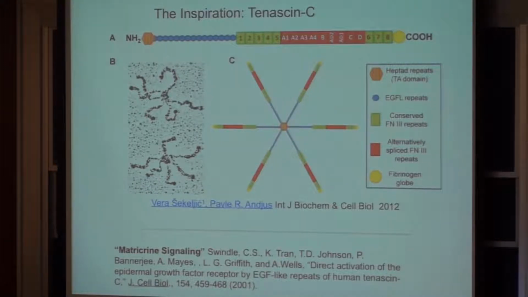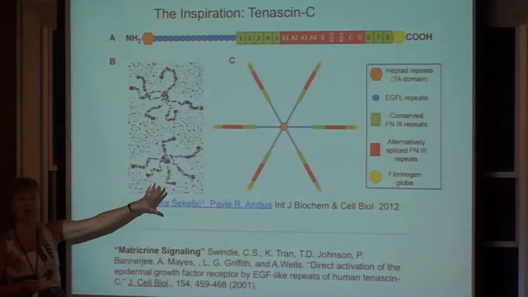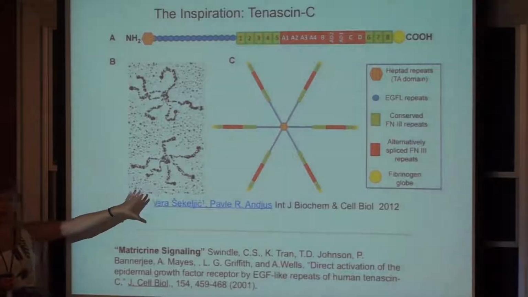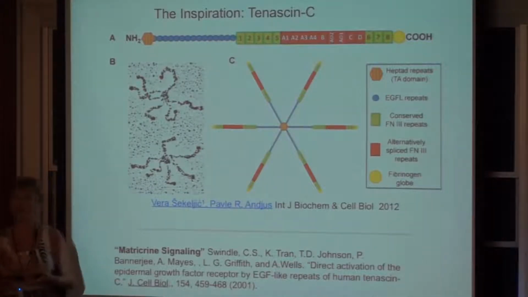So maybe tenascin was meant to bring EGF receptor and integrins together in a very close cluster that would have special signaling properties. And this is important because tenascin is found very prominently during the early stages of development. Tenascin C, there's several forms. It's also found in wound healing.